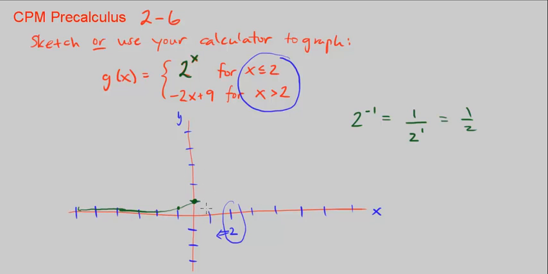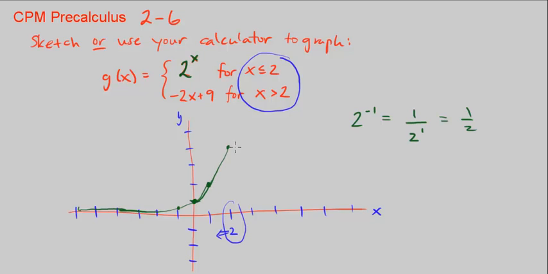And to the right, at x is 1, 2 to the 1 is just 2. At x is 2, 2 times 2 is 4, 1, 2, 3, 4. So it looks like this, a little smoother than that. So it's going to be like this.